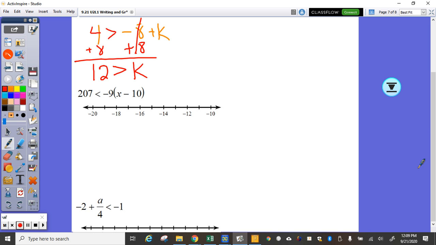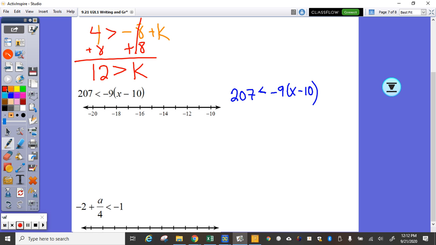Alright, for this next one, I do not want you to distribute the negative 9. I want you to solve it a different way. How do I solve this without using the negative 9? You're on the right track.